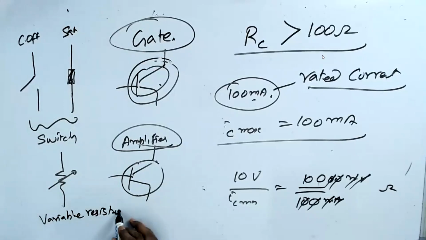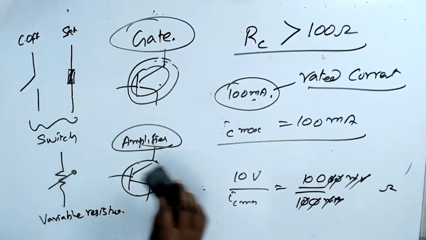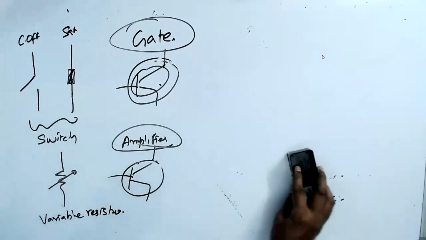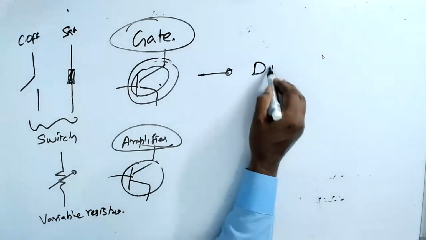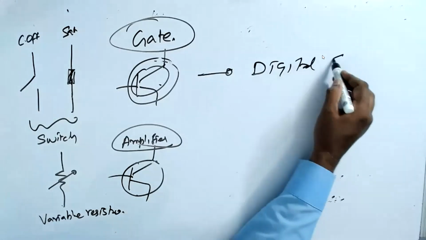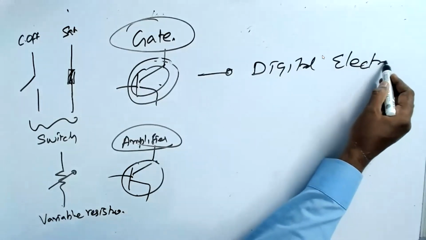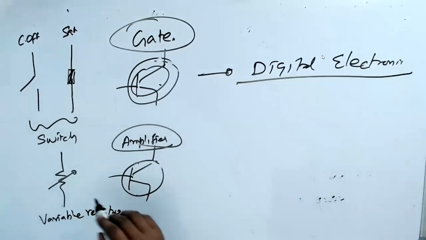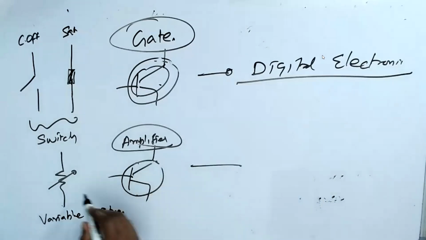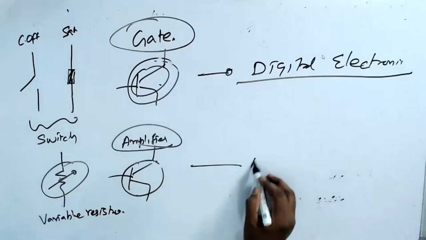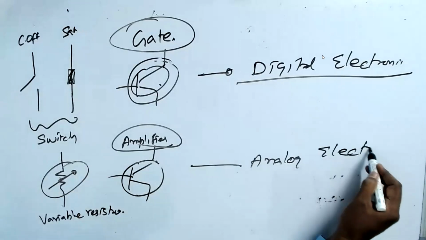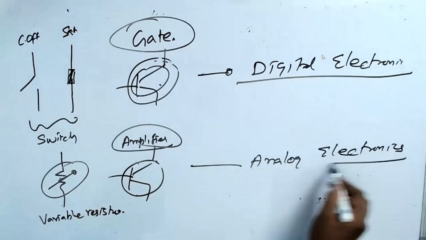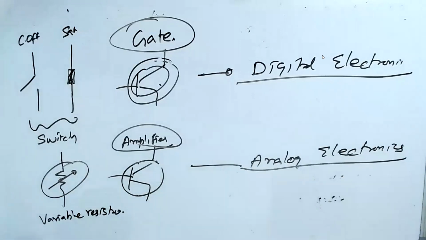Based on how you are using it, we call it by different names. If you are using it as a gate, we call that digital electronics. When you use it as an amplifier or variable resistor, we call it analog electronics.